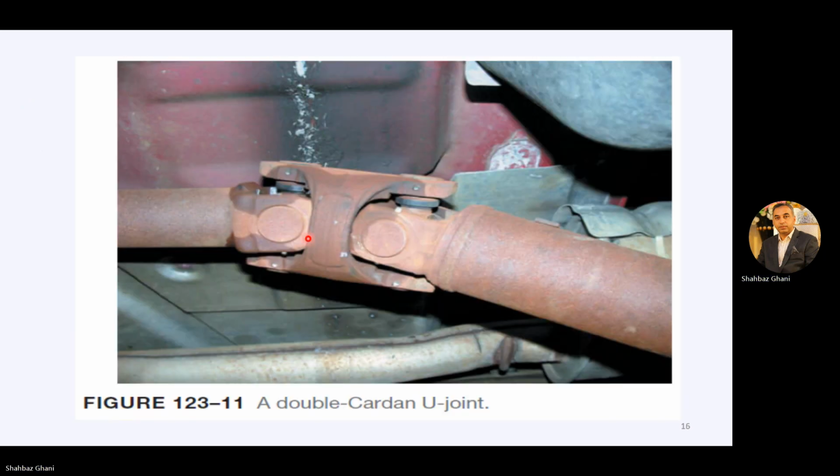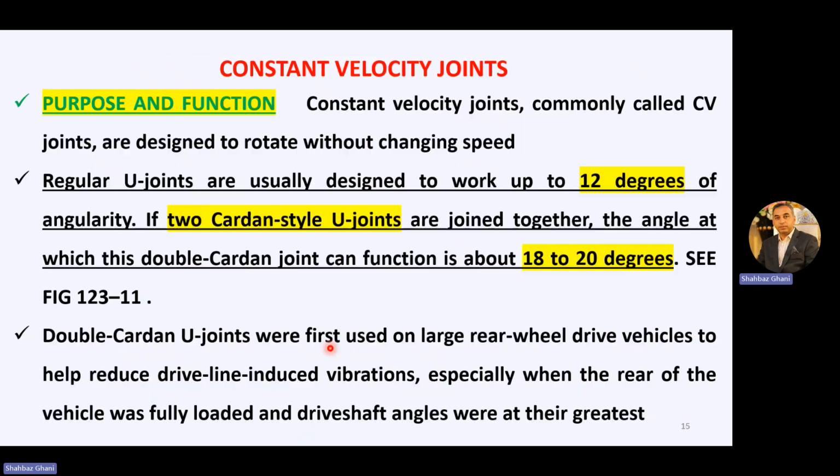If you have a double Cardan U-joint, one U-joint is here and the second is here, but both are combined together, then we call it a double Cardan U-joint. So angularity is changed from 12 to 18 to 20 degrees with a double Cardan joint.